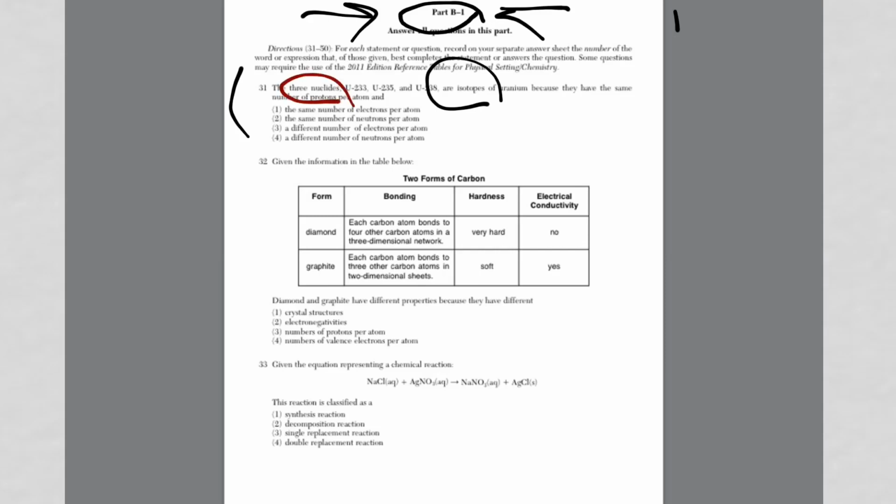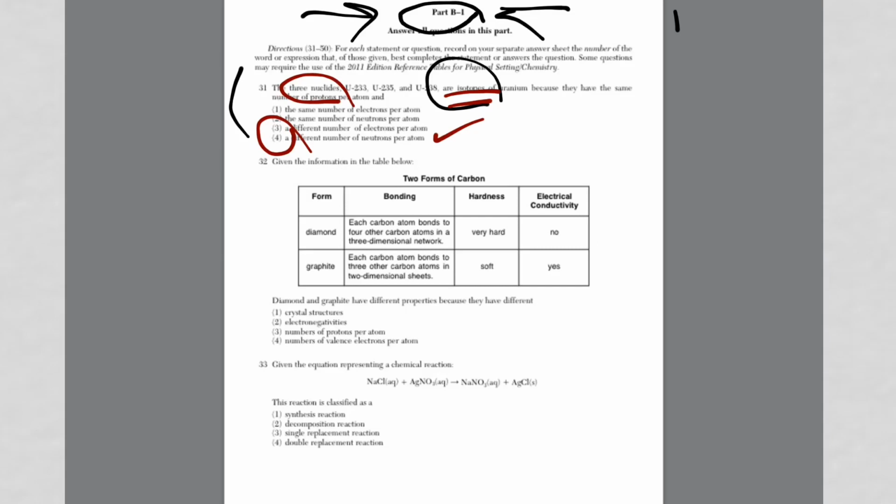Alright, but it's a different number of neutrons. So while I just got through saying questions 1 through 30 are about definitions and facts, sure enough, question 31 is really another fact. Or, again, the fact and then a definition of isotope.